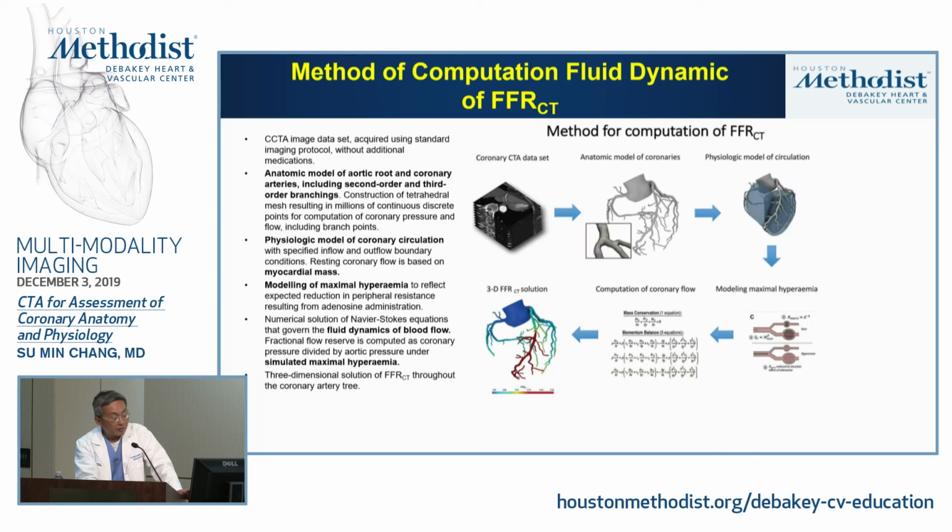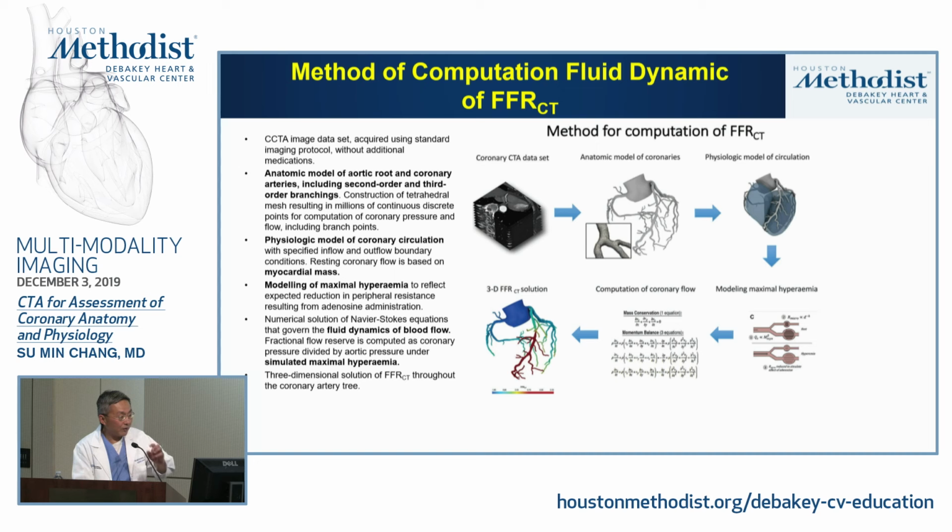So there are two ways of doing this that have been described so far. The predominant one that we use clinically, that we all know with HeartFlow, is the method of computational fluid dynamics.